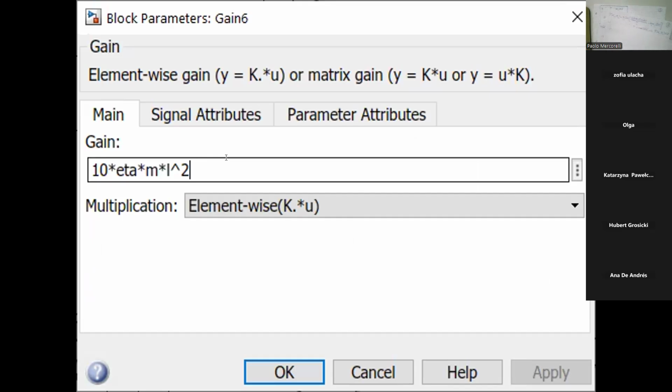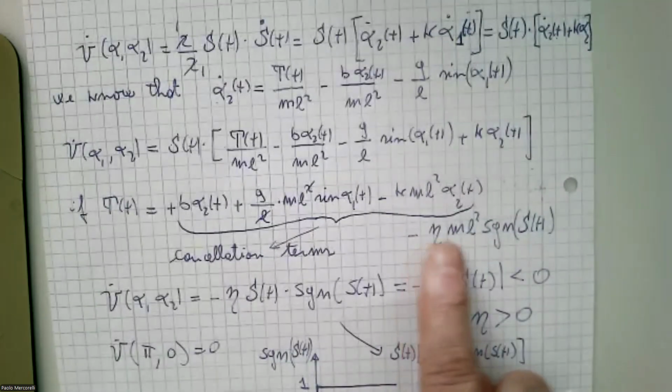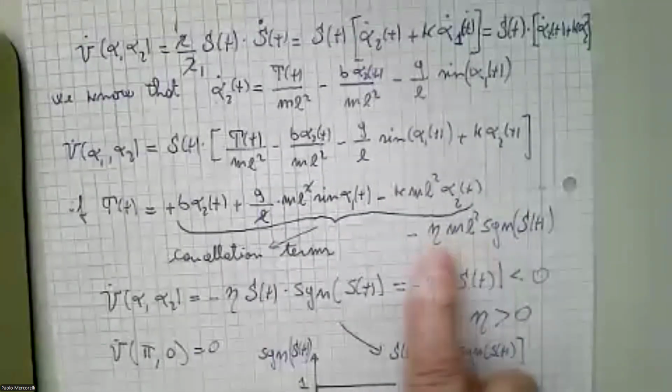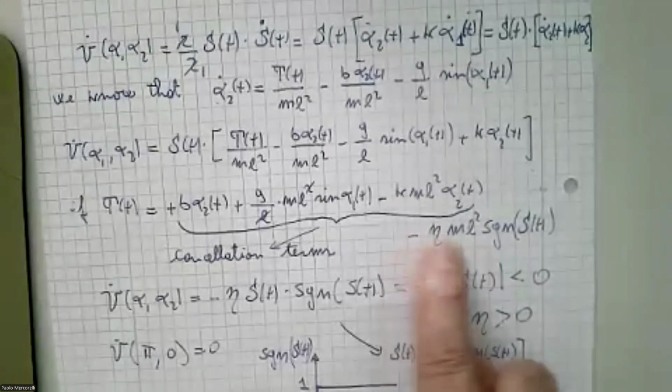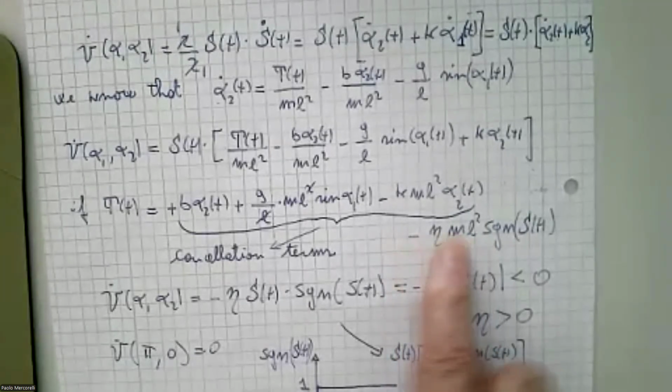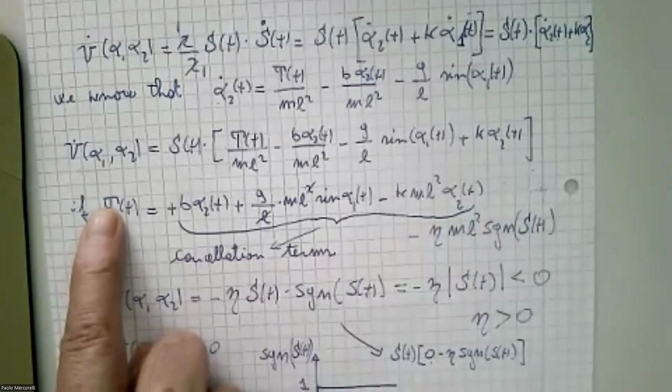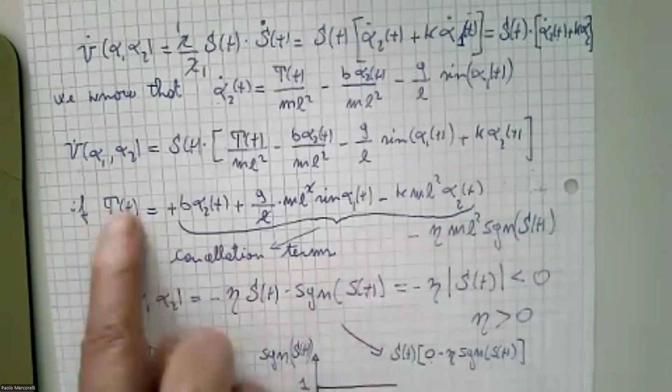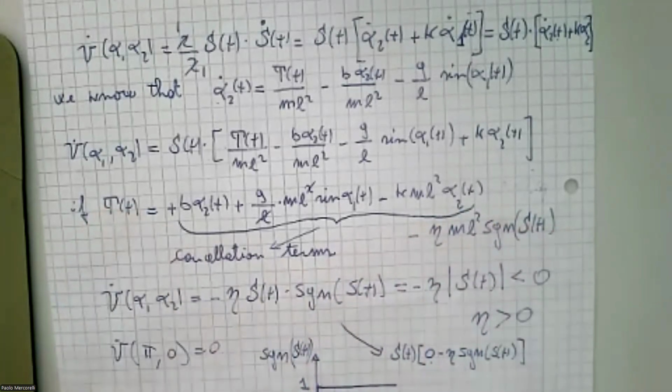Let me show. Let me look. Where is this? Is eta multiply ml square? Let me go out here. This element here, which is a part of T, which is a part of T. I don't know if it's visible.